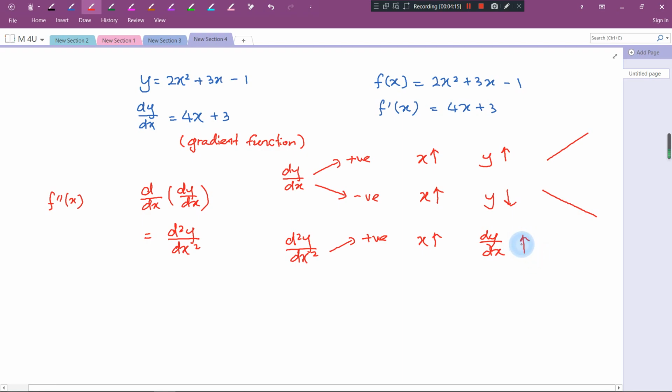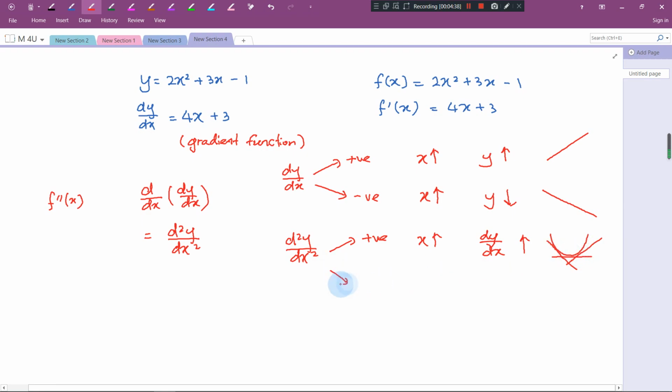It means that the gradient of the tangent increases as well. So this means that the graph is having a minimum point. Why? You see, this is negative, then it becomes 0, then it becomes positive, keep on increasing the gradient of the tangent.